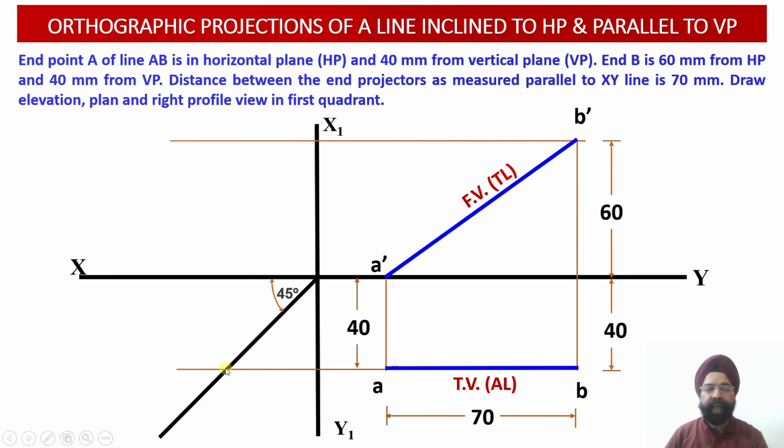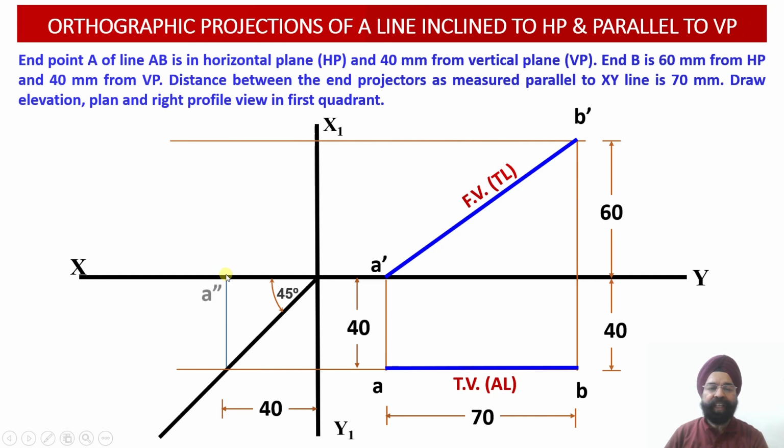From here we draw a vertical projector line and extend it upwards. This will intersect with the horizontal construction line which has been drawn through the point A dash.